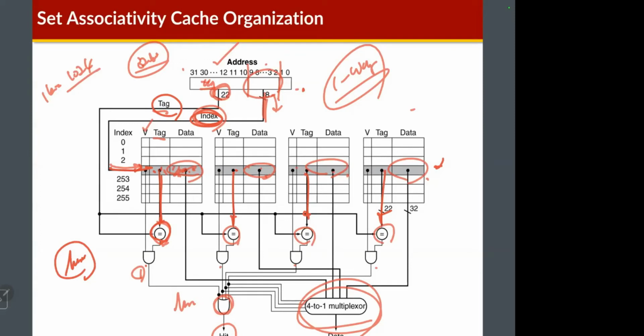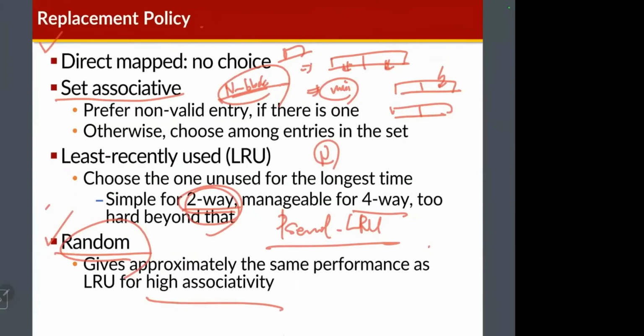Please remember that in the set associative cache, the target set can have multiple blocks, and we can access these multiple blocks in parallel. And because the target set can store multiple blocks, we can consider the replacement policy.